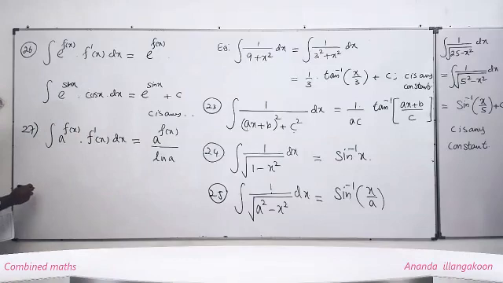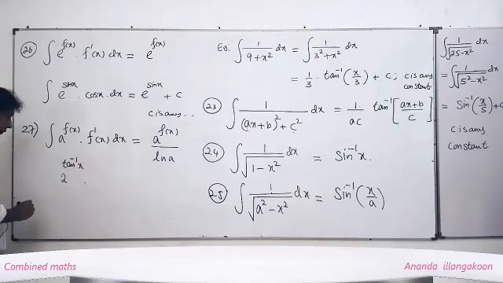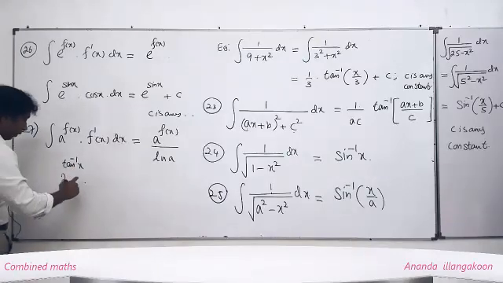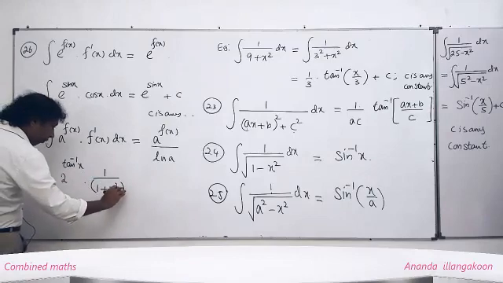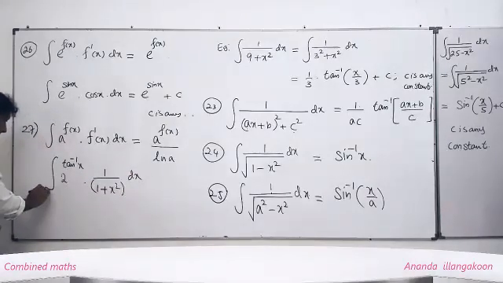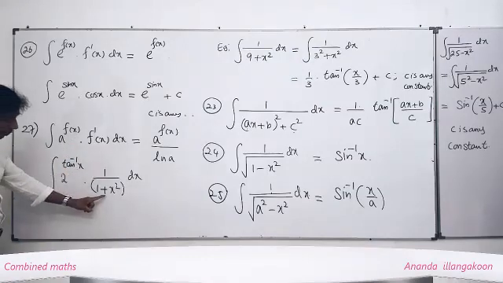Right. Next one, people. Now I'll take one example for this. 2 to the power tan inverse x, multiplied by the derivative of tan inverse x, which is 1 upon 1 plus x squared, no? Suppose something like this we had. See here, this a is 2. The f(x) function is tan inverse x. The derivative of the f(x) function should be here. When you differentiate tan inverse x, the derivative is 1 upon 1 plus x squared.